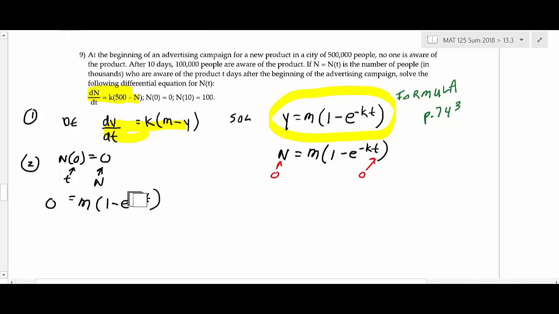Whoops, and let's see, t needs to be 0. So I'm going to put that in like that. And I'm going to solve this equation. So I'm going to get 0 equals m times 1 minus e to the 0. And see, that's 1, so we get 0 equals m times 1 minus 1, so that 0 is equal to m. Okay?